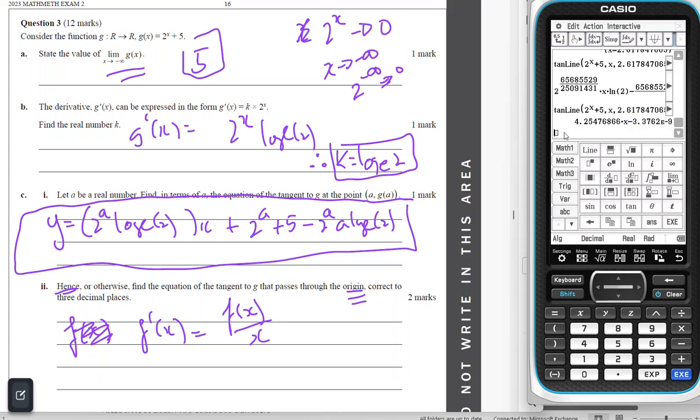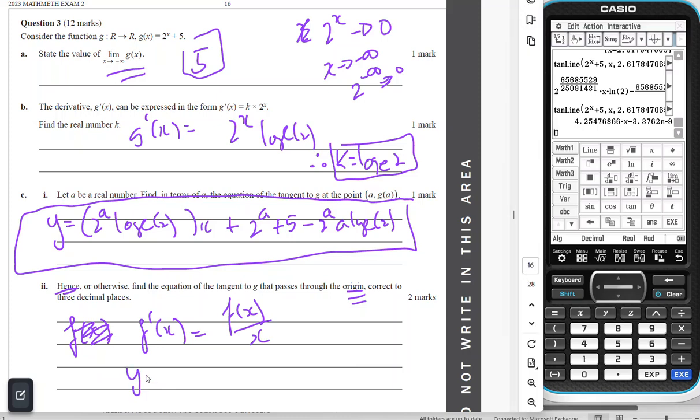So I'm looking at y equals 4.2547, so 5x. So just to get my full marks, 2.617847, and there is my tangent line at that particular point.